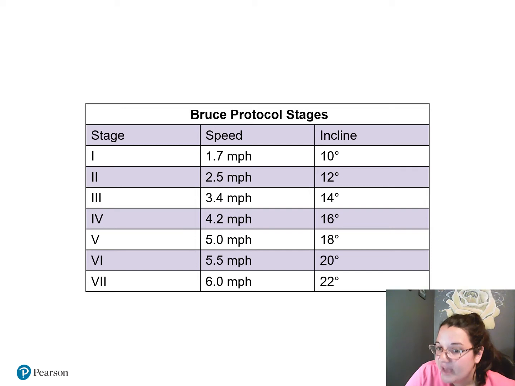We are doing a fast walk. Stage 4 is after 3 minutes, we increase it to 4.2 miles per hour and at 16 degree elevation. We're pretty much skipping at this point. And then at stage 5, we're running 5 miles per hour, 18 degree incline, and 6 and 7.